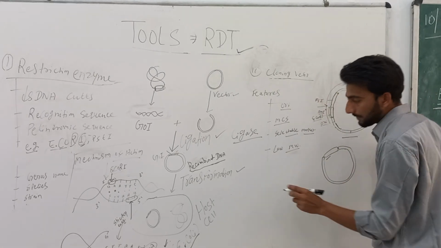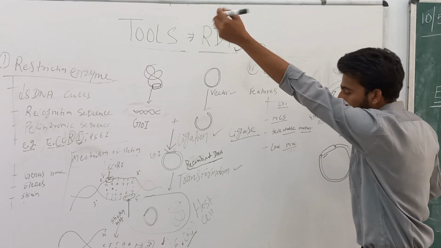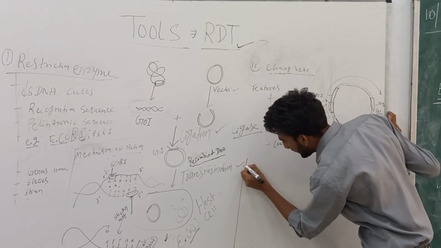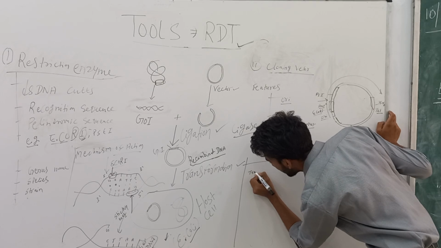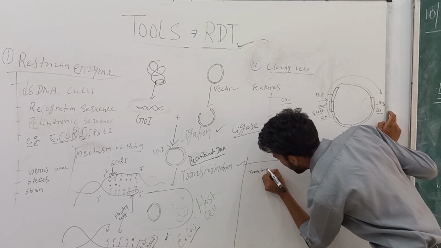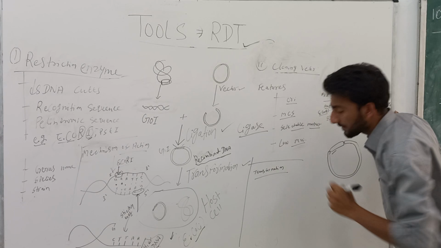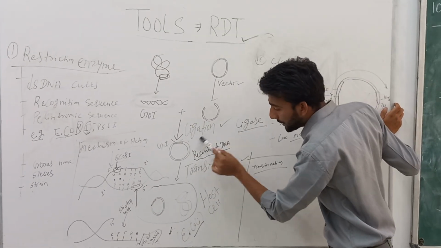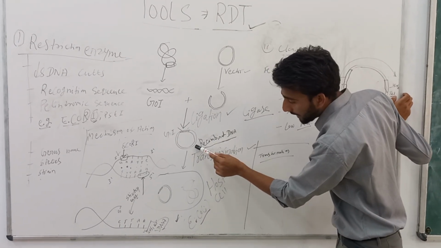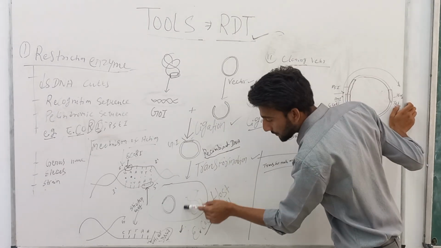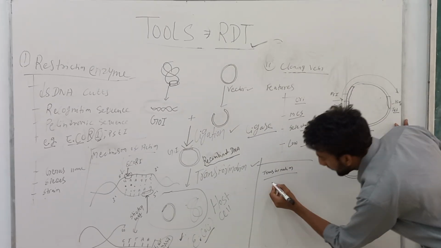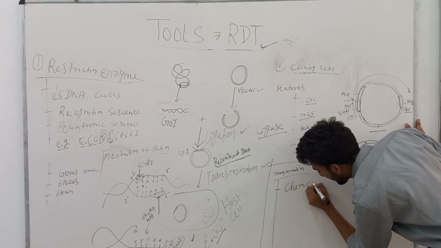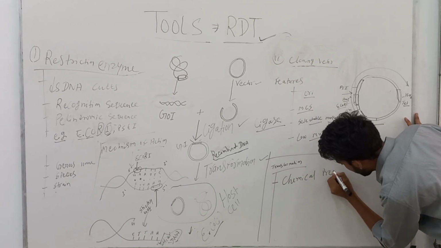How will we transfer our recombinant DNA into the host cell? Assume there are many methods. What is transformation? Transfer of recombinant DNA from outside to inside the host cell is called transformation, and they utilize steps like the chemical precipitation method.